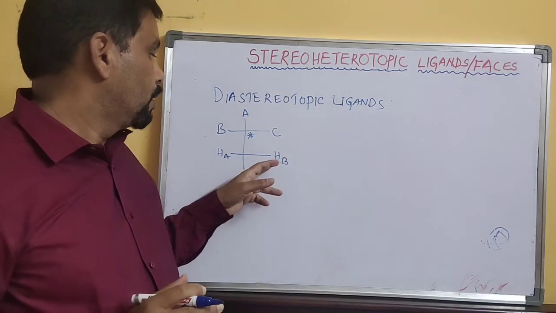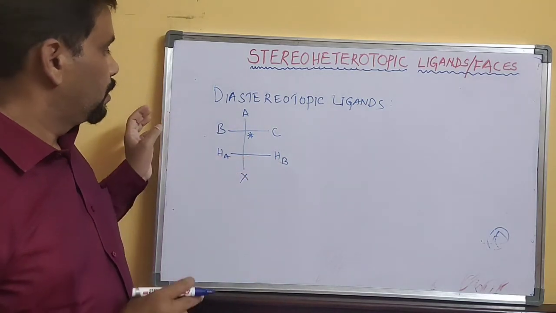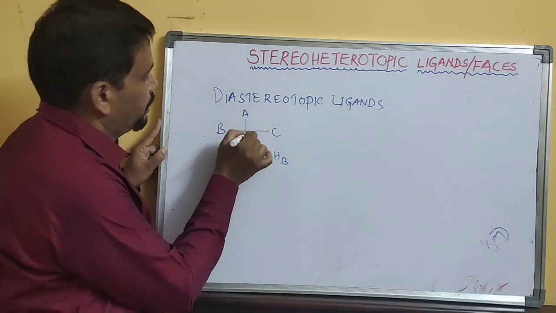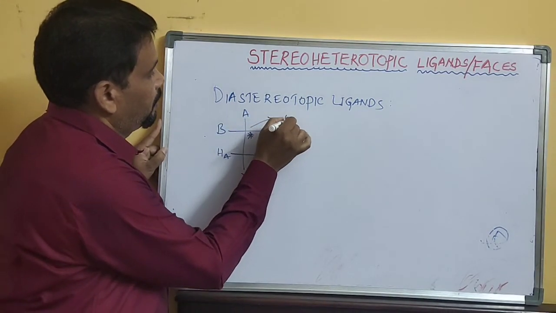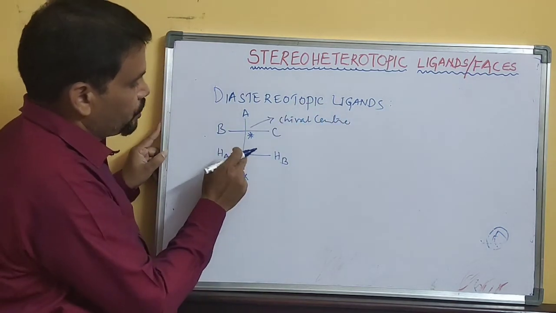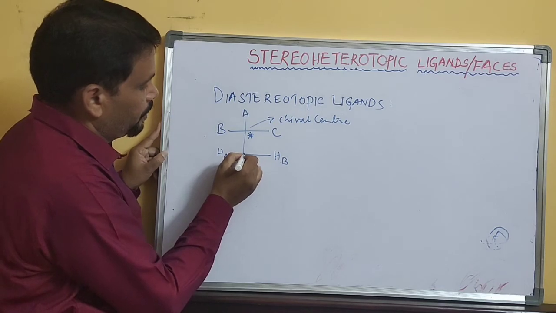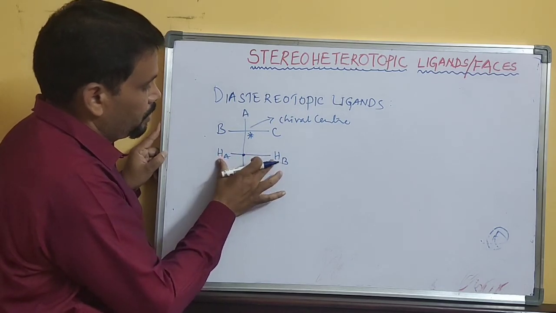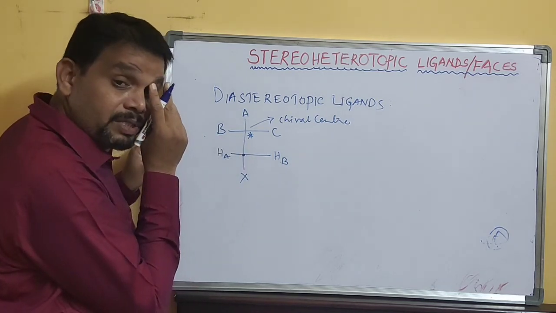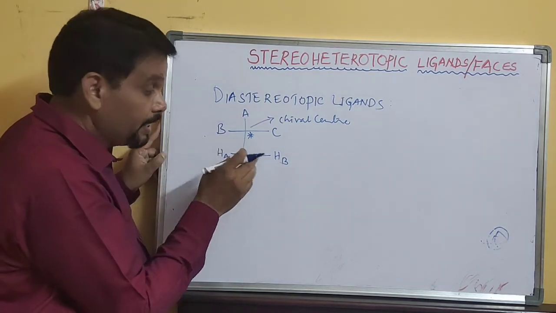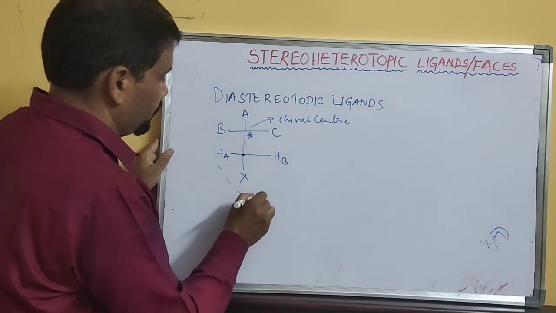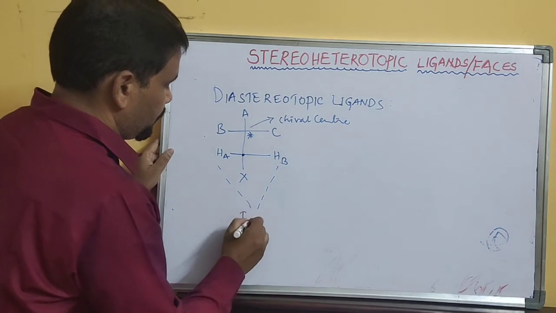But this chiral center is directly attached to the atom which has two subunits, HA and HB, which are identical subunits. These two identical subunits.